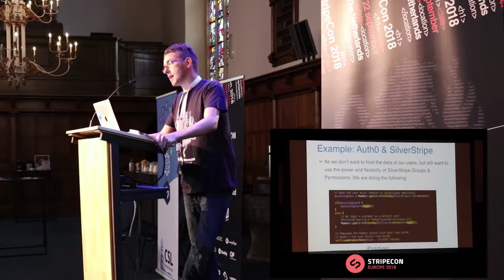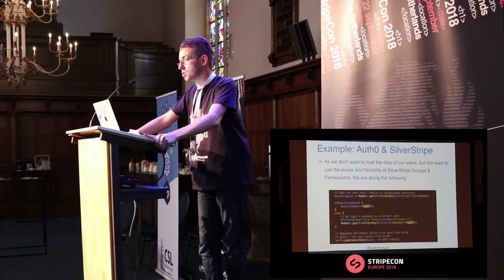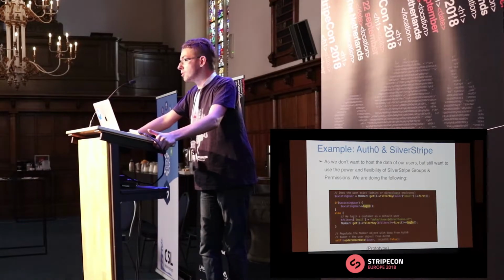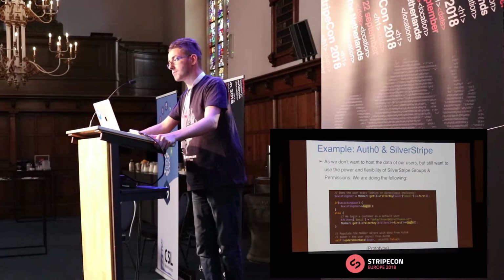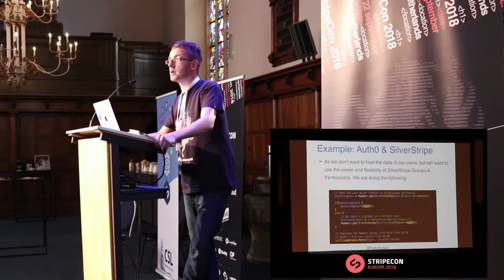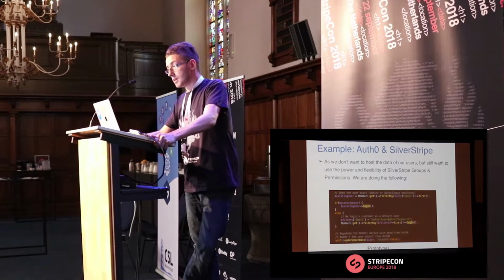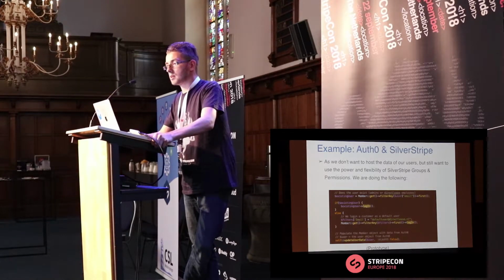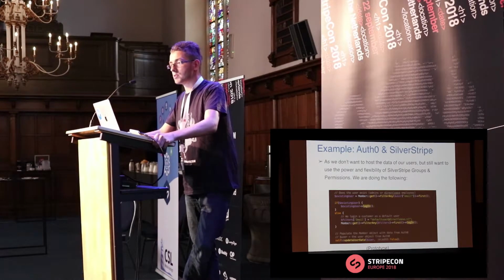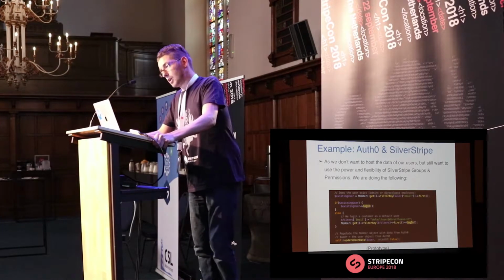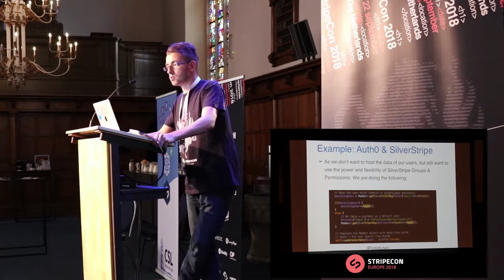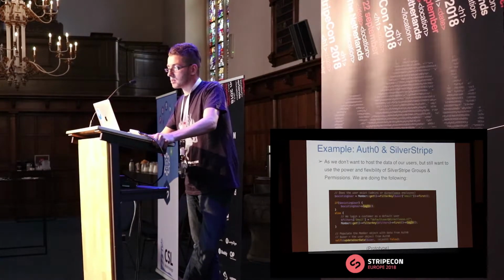And the user comes back into the Auth0 module, and first we will check if the user who logged in is an admin of ours or one of our employees. If so, then we will do a lookup based on his email address. And if he happens to be a member of our Silverstripe installation, then we will log him in. And if not, then we will log him in as a default user.